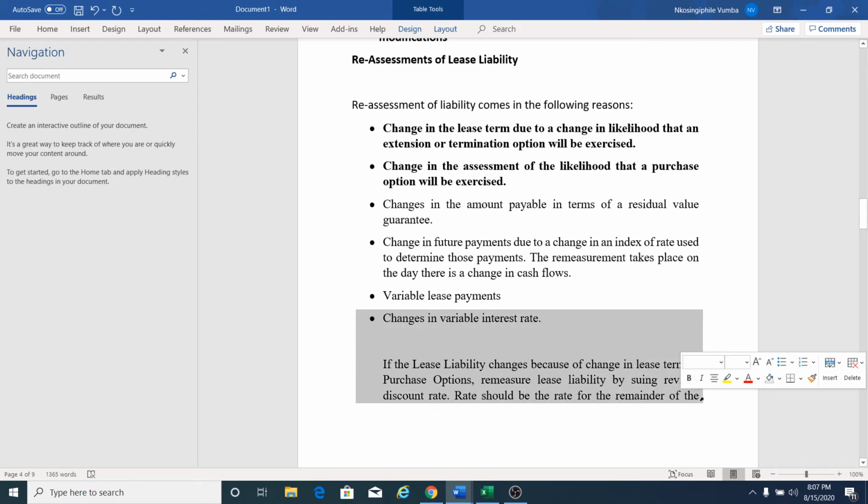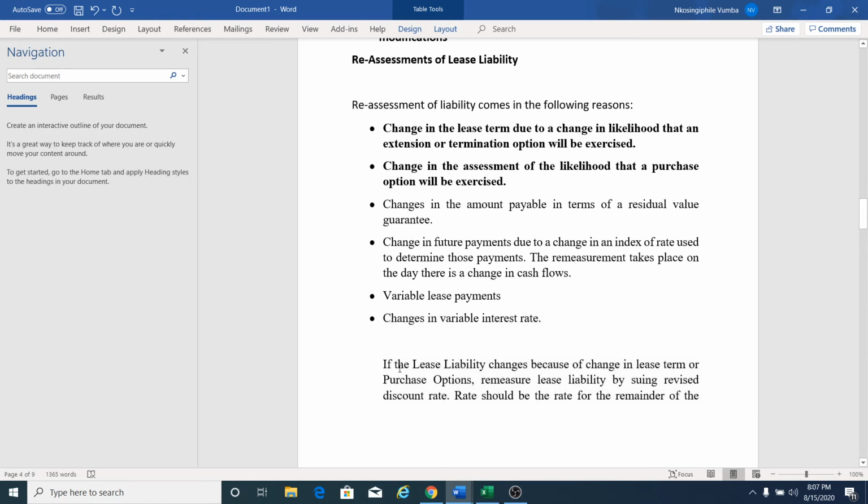Okay, this part is very important. It says if the lessee... if the lease liability changes because of the change in lease term or the purchase option, you need to be careful here.